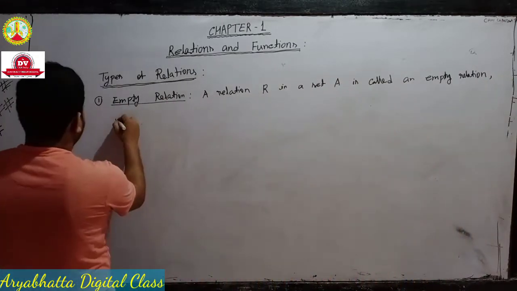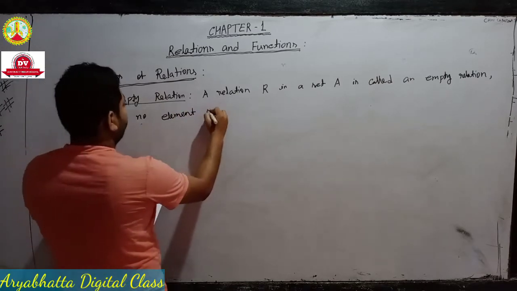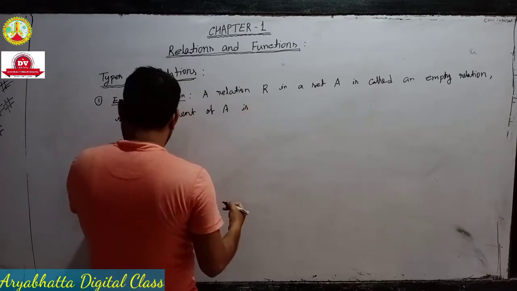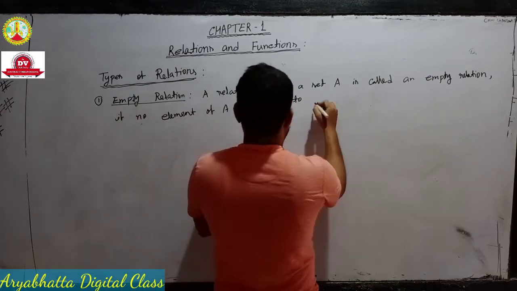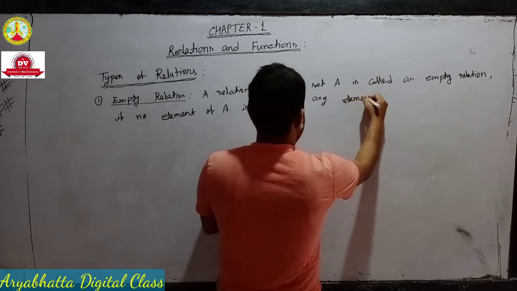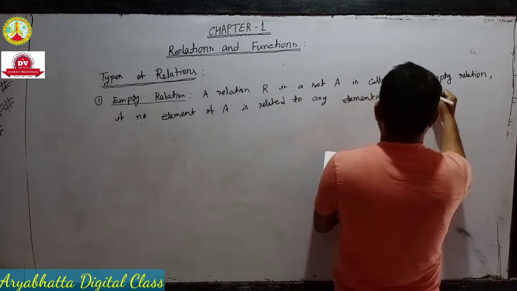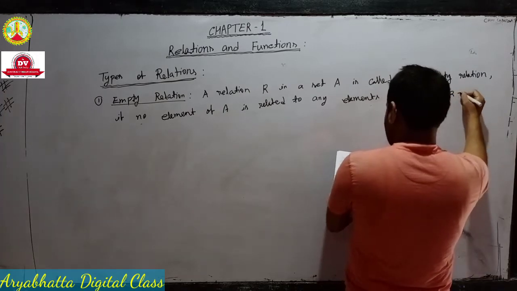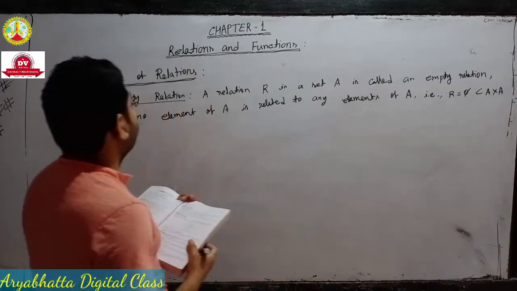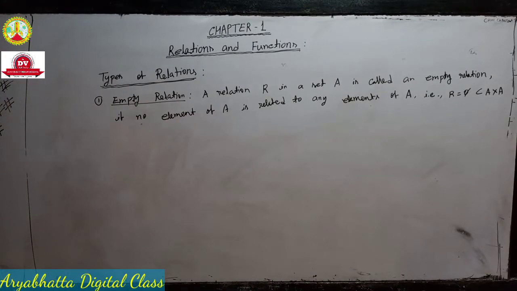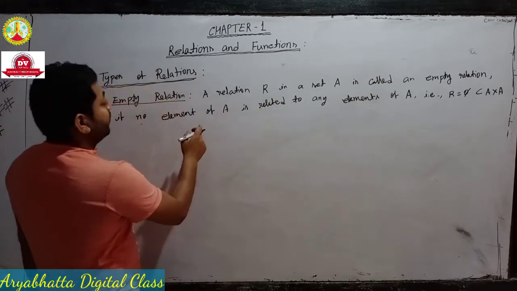if no element of A is related to any element of A, that is, R equal to phi, a proper subset of A cross A. Remember, what is an empty relation?